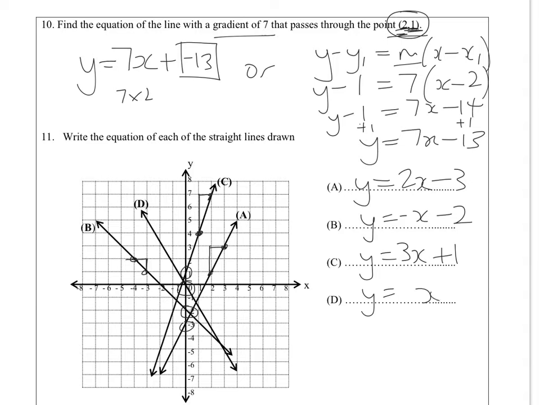Now the gradient, we have any 2 points. Now I'm going to choose the origin and this point up here. So we rise 5 and we run 3 in the negative, so therefore we have negative 5 on 3.